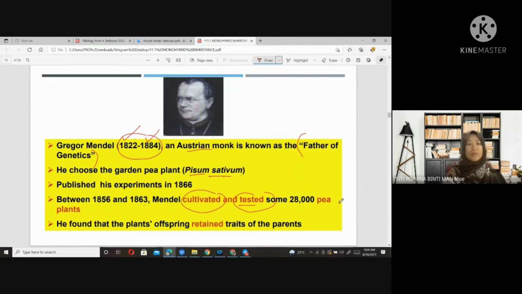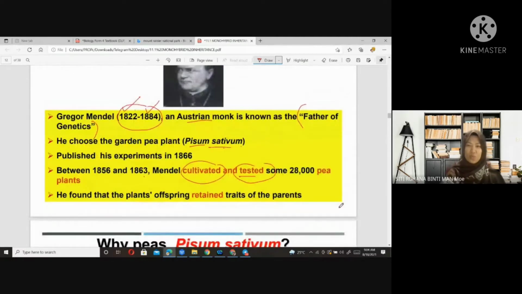So dia observe setiap satu sebenarnya, cuba bayangkan. And he found that the plant's offspring retain traits, mengekalkan ciri-ciri parent plant. Okay, tengok macam mana dia buat.